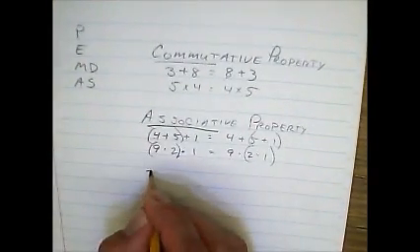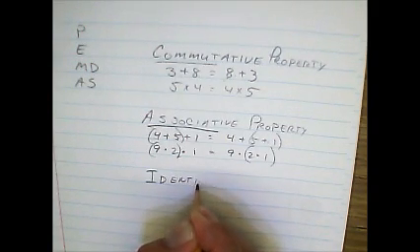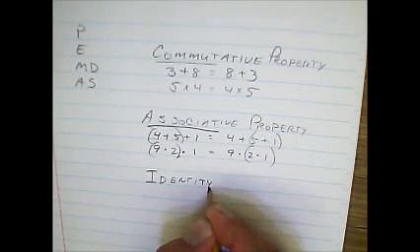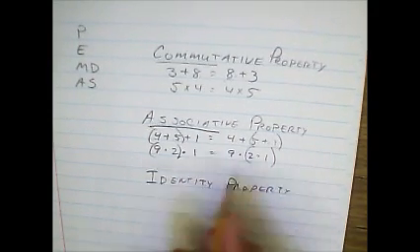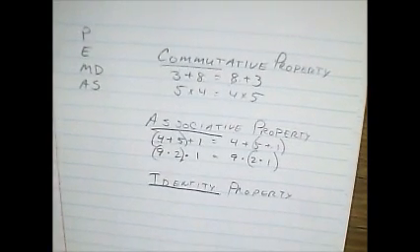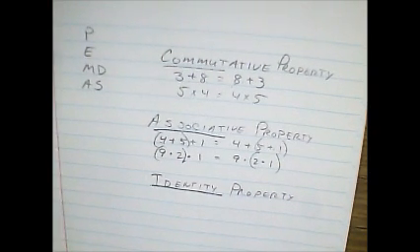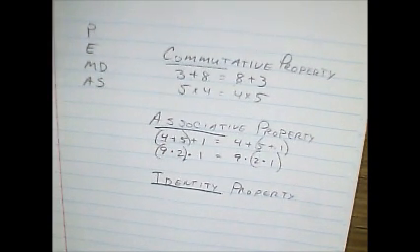All right, the third is called the identity. A lot of talk about identity lately. What is someone's identity? If you're a superhero, sometimes superheroes have a true identity, right?